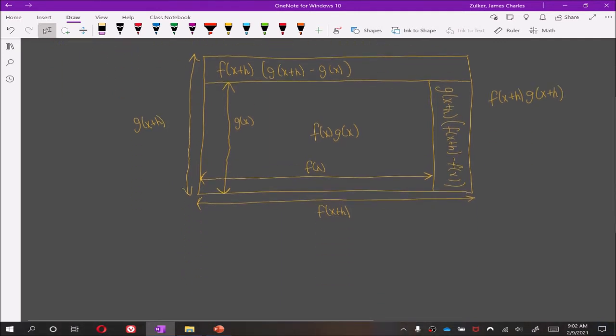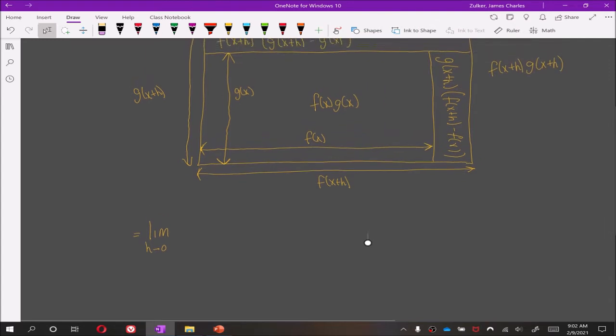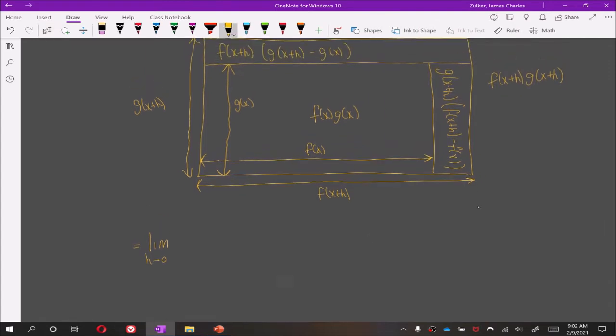This will now allow us to write this limit as the limit as h approaches 0 of f of x plus h times g of x plus h minus g of x, plus g of x plus h times f of x plus h minus f of x.